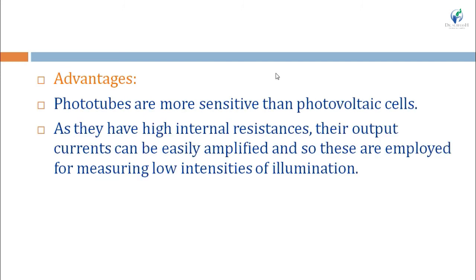Advantages of these phototubes are they are more sensitive than photovoltaic cells, and because they have high internal resistance, the output currents can be easily amplified, so these phototubes can be employed for measuring low intensity of illumination.